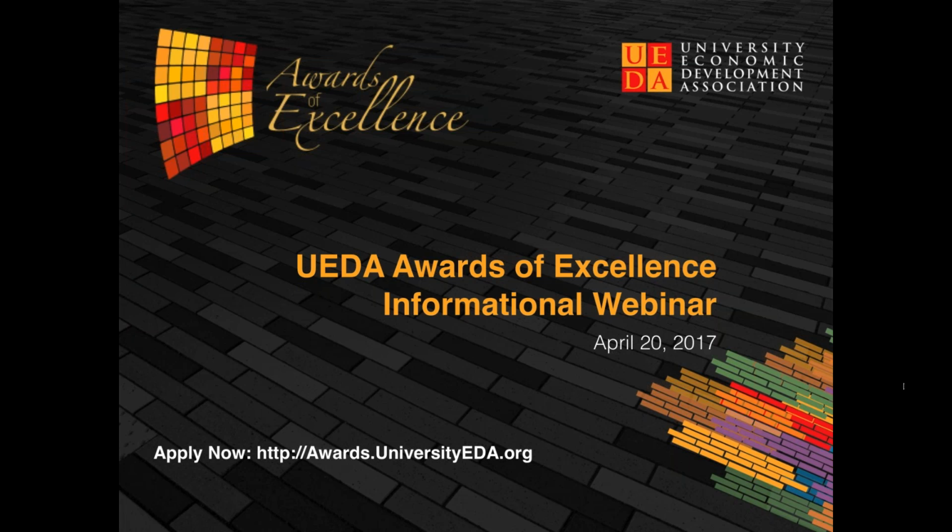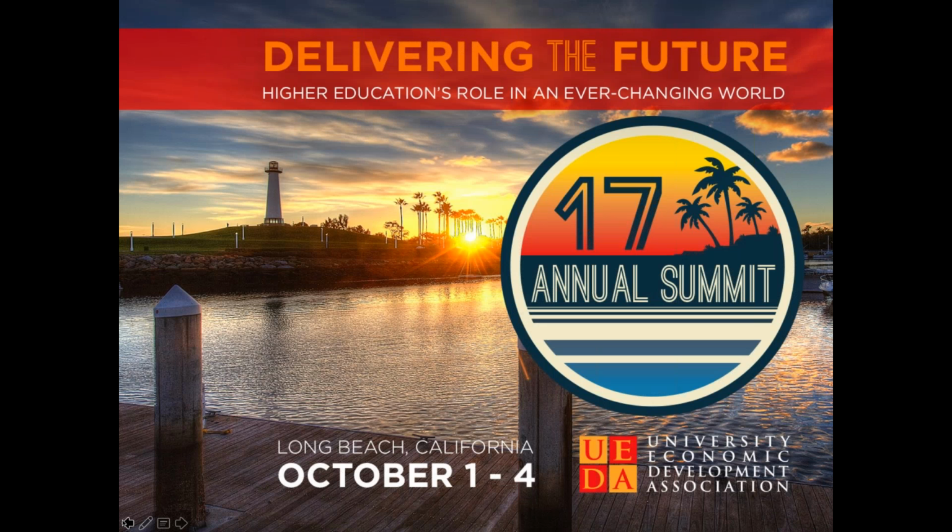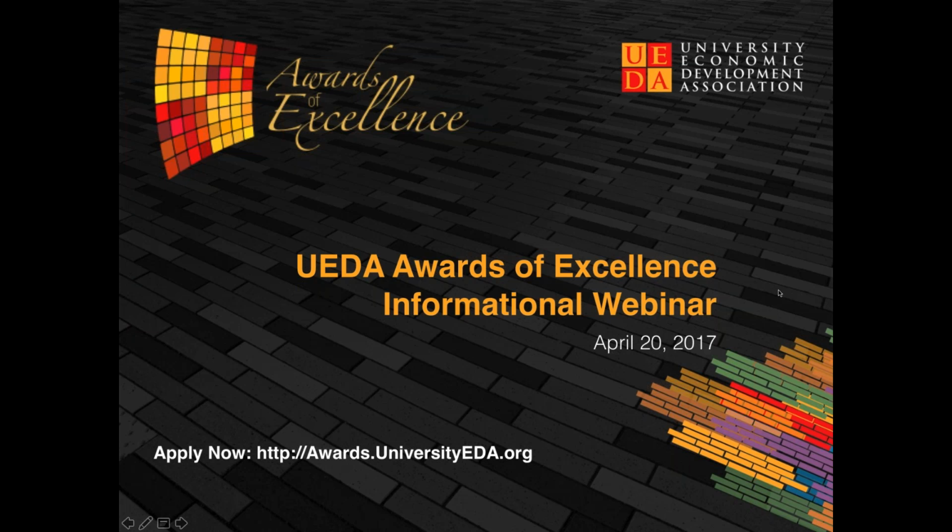The summit theme, Delivering the Future, Higher Education's Role in an Ever-Changing World, is not really considered whenever the Awards of Excellence Committee is reviewing the applications. It's not in context. Next question.